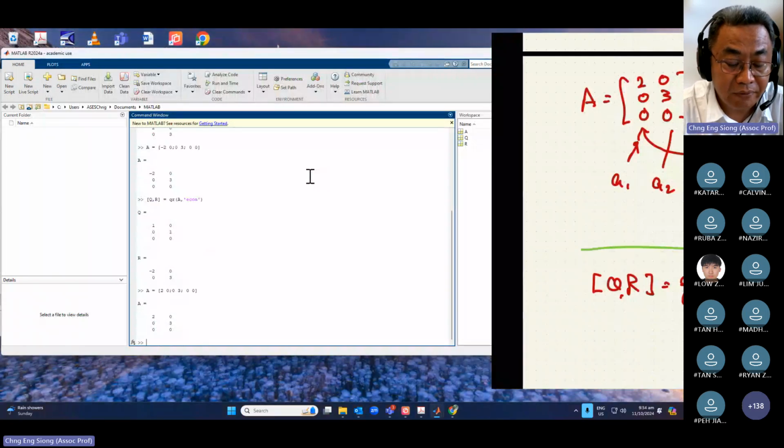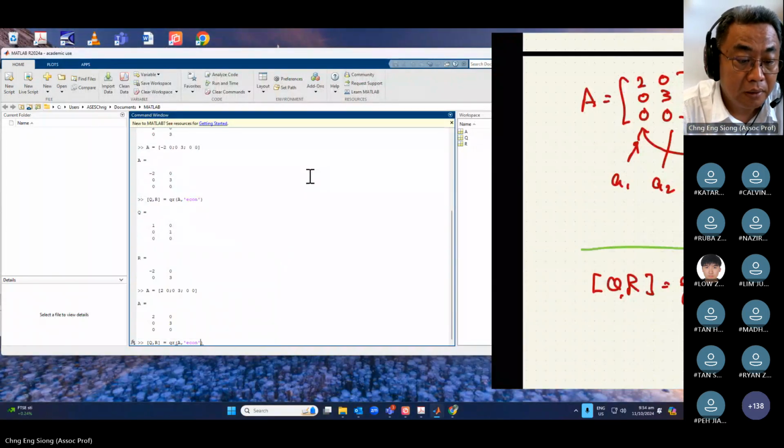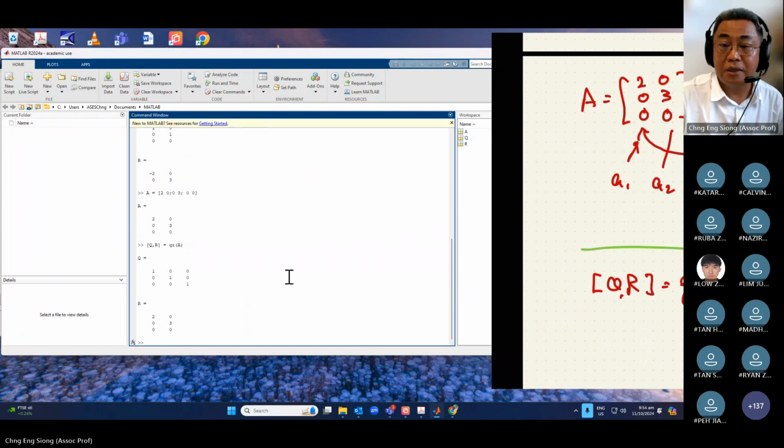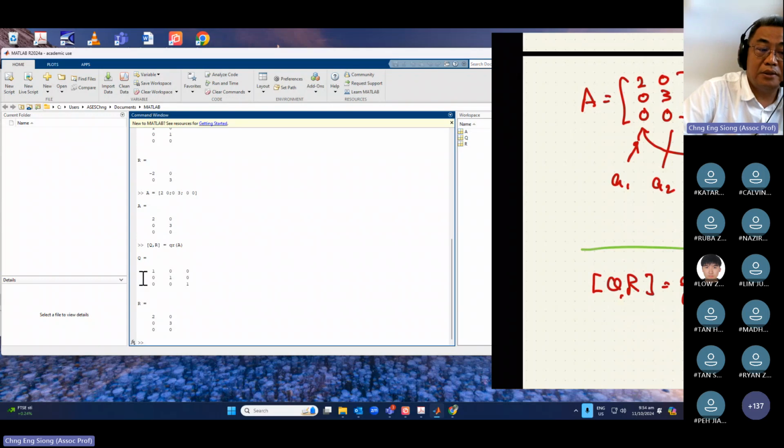Let's get our A back first. And if we do not parameterize the QR, can you see that Q is now not 3 by 2, but 3 by 3? And that the last column of Q is not needed to approximate A.